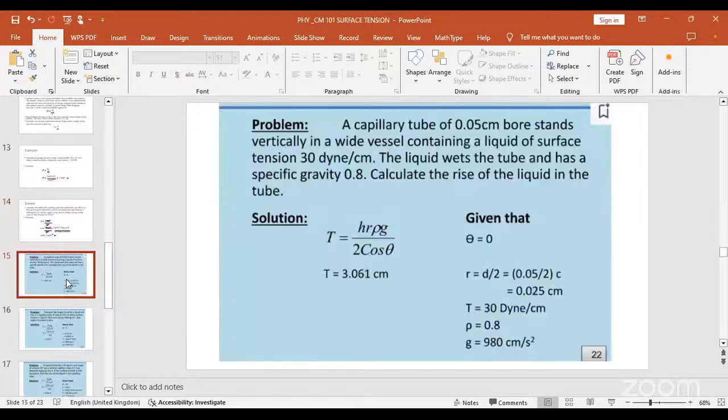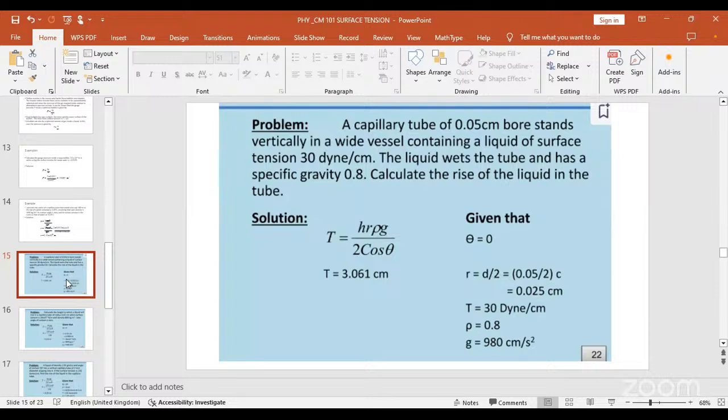Another problem here is we want to determine the surface tension, or the tension, the force, and we are given a capillary tube of 0.05 centimeter, standing vertically in a wide vessel containing a liquid of surface tension 30 dyne per cm.